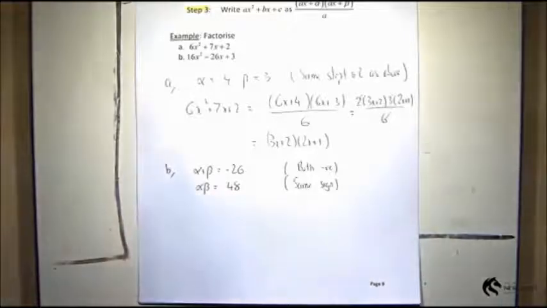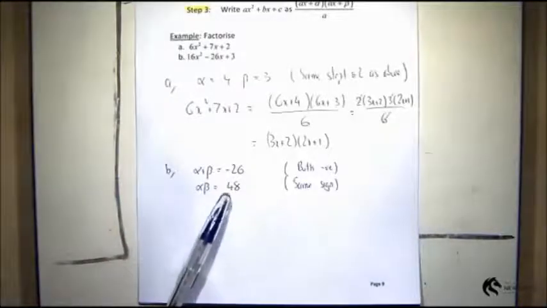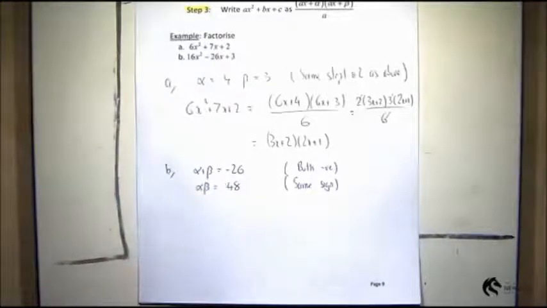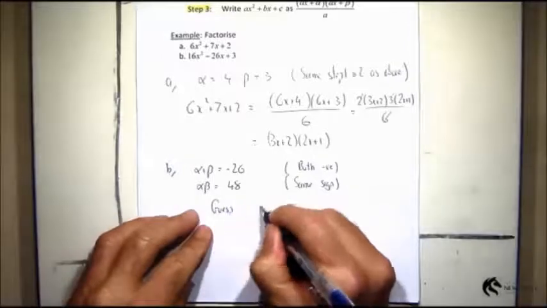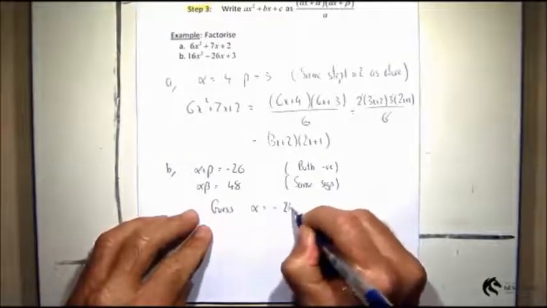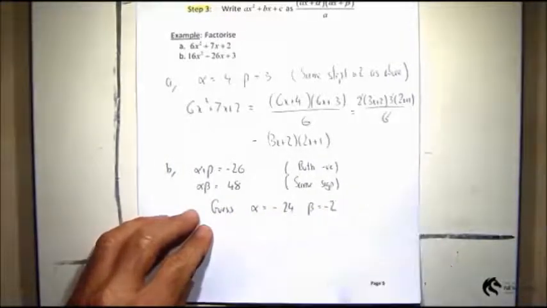So I want two numbers that multiply to give 48 and add to give minus 26. Minus 24 and minus 2 look pretty obvious. So to me, I can guess, without even trying too hard, that alpha will be minus 24 and beta will be minus 2.